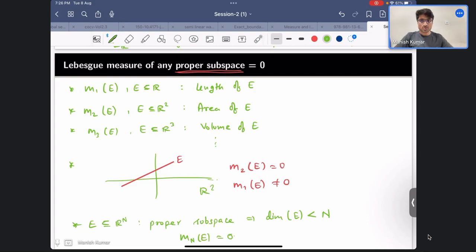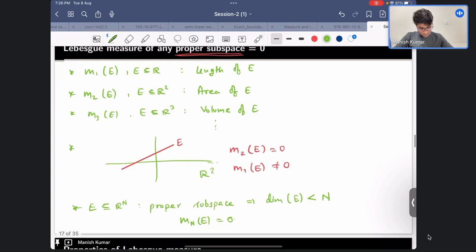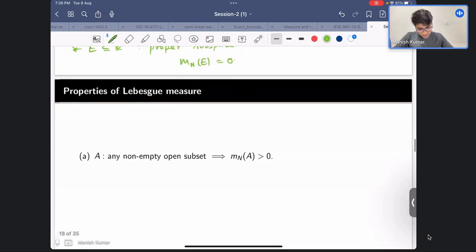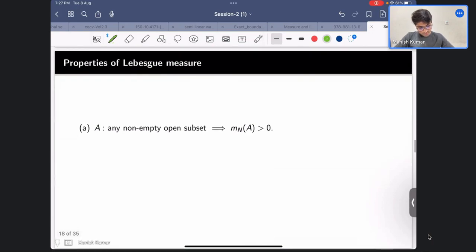This is what it means. Let us now see the properties of Lebesgue measure one by one.